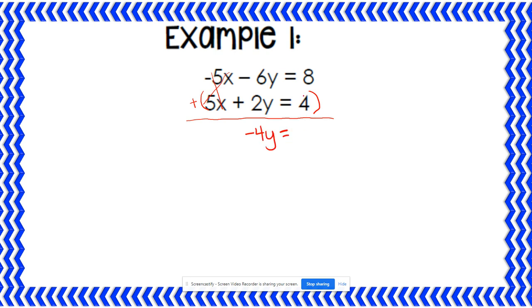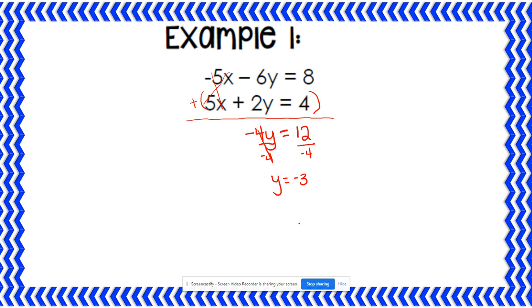And then that equals 8 plus 4, which is 12. Now all I need to solve for is y. So to get y by itself, I would divide by negative 4 on both sides. These would cancel and leave me with y equals positive 12 divided by negative 4, which is negative 3.